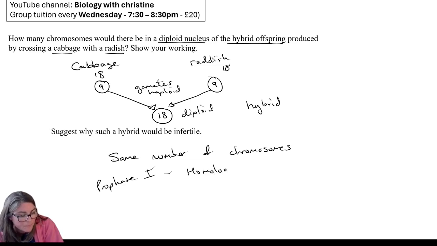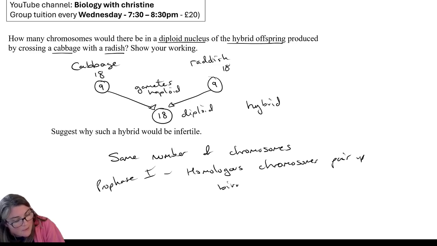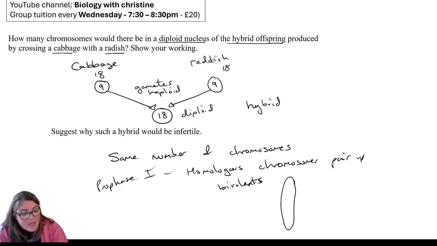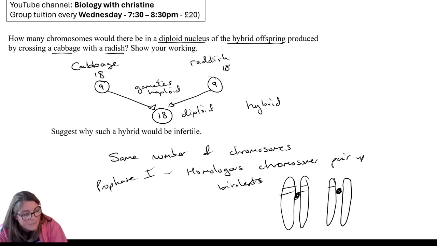Homologous chromosomes pair up. They form bivalents. What are they again? Remember, homologous chromosomes have the same genes at the same loci, and they're the same length.